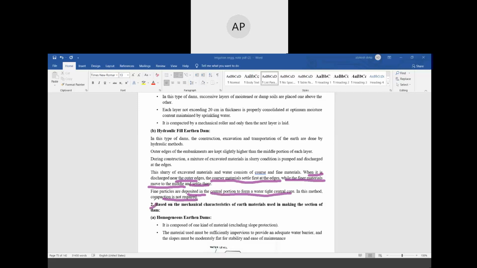Next, classification is based on the mechanical characteristics of the earth material used in making the section of the dam. Number one is homogeneous earthen dams. So what are homogeneous earthen dams?